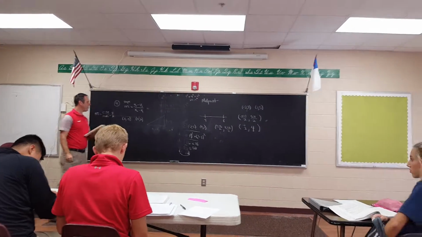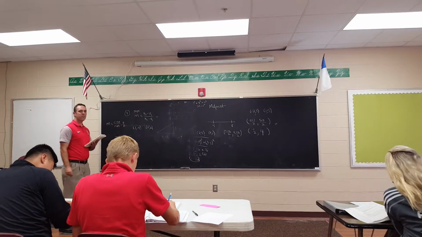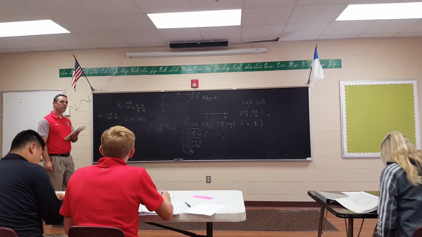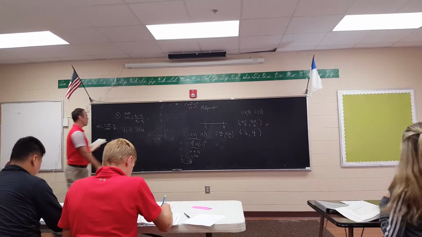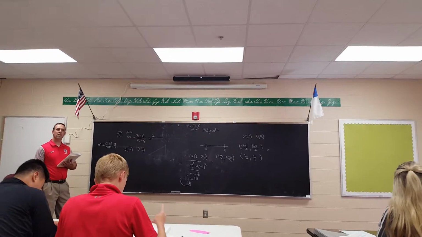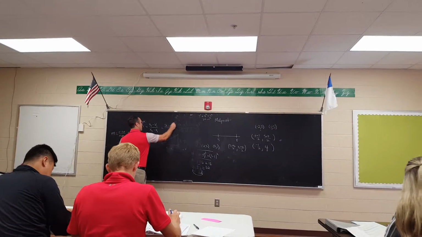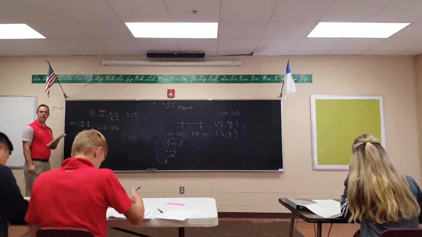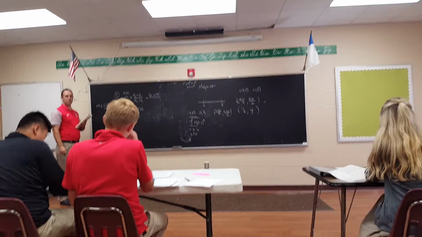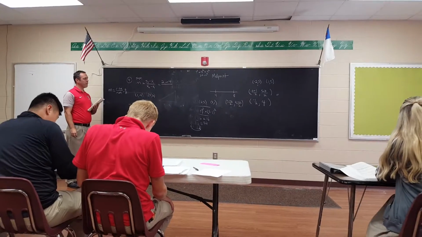Letter B asks to find the slope between the points 1, -4 and 3, 2. So what is my y2? It's 2, good. So 2 minus, Eric? It'd be -4. Okay, 2 minus -4 over what? Nathan? What's x2?